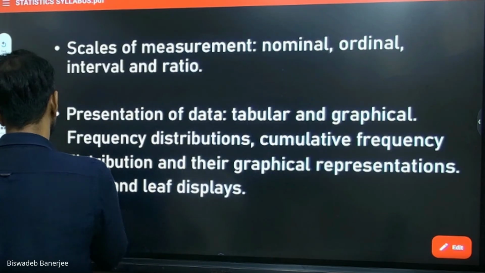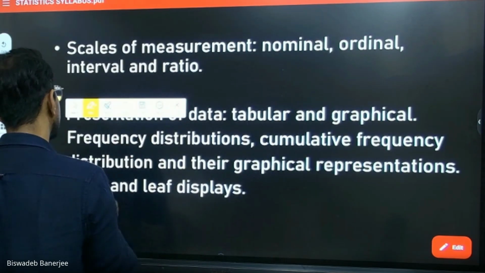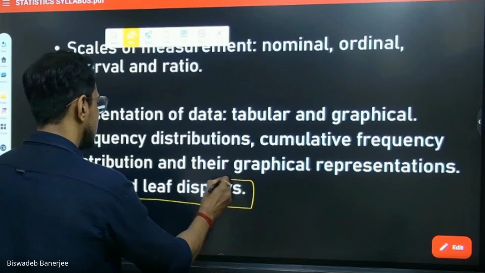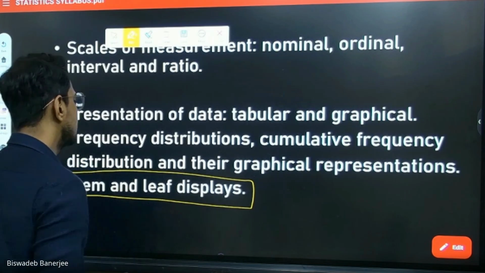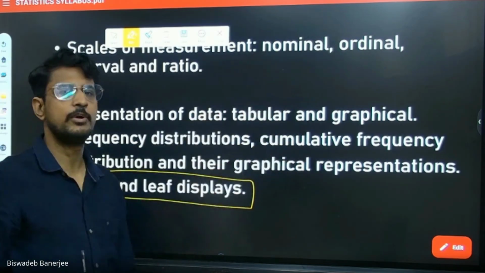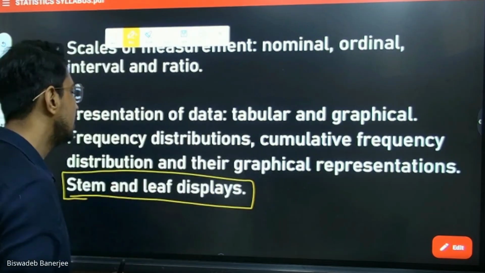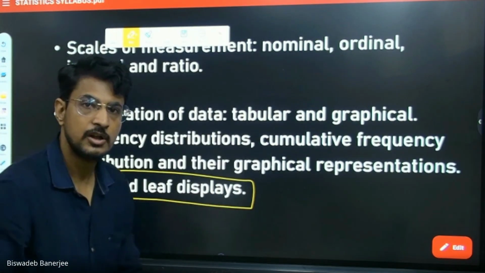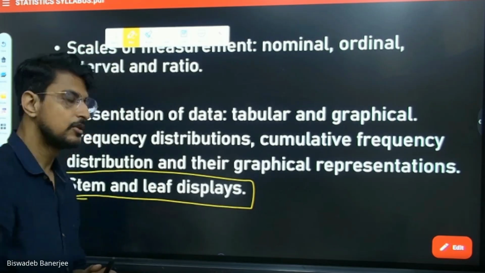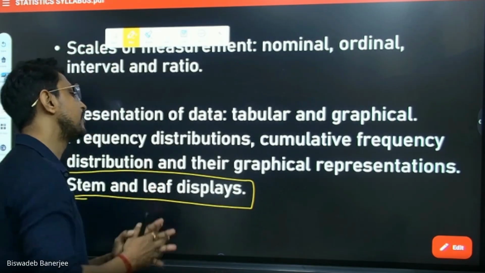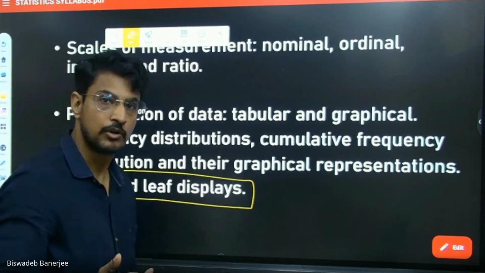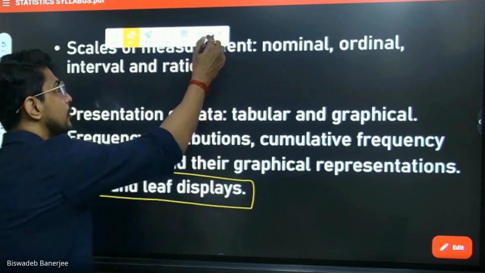Now this portion is quite different from all these, because all the other portions are easily available in any book, but stem and leaf display is quite difficult, and for this you have to consider any high level statistics books. All the book references are given in the syllabus, but still I shall give you some book references after this video.